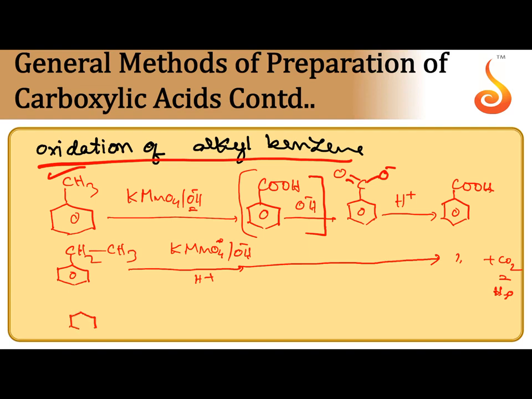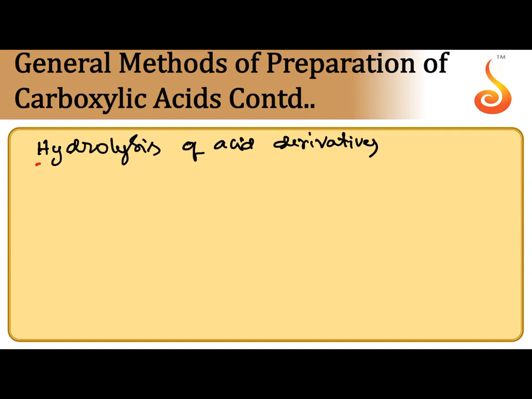If the benzylic carbon has no hydrogen, then it won't undergo oxidation. So remember, the alkyl group which is just attached to the benzene ring should contain benzylic hydrogen, that only undergoes oxidation. So that is one method. Next one, by the hydrolysis of acid derivatives also we can prepare carboxylic acid.